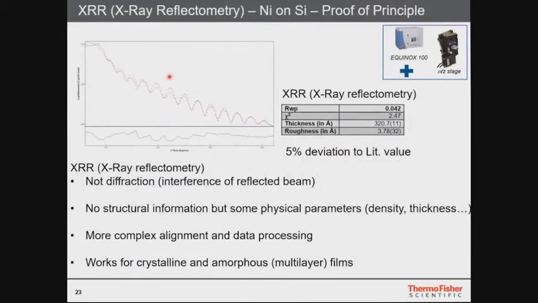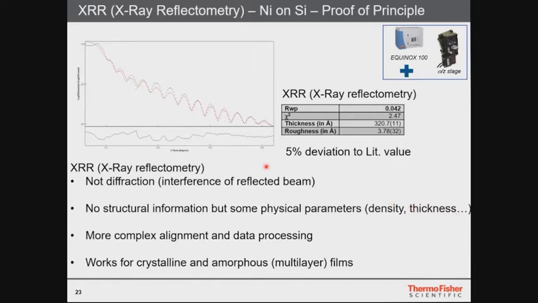A last application in this application field is X-ray reflectometry. That's not diffraction, but reflectometry, where you measure the interference of the reflected beam. You do not get structural information as with X-ray diffraction, but you can get some physical parameters out of the scan, which you can see here, like the density of each layer, the thickness of the layers, and also the roughness.